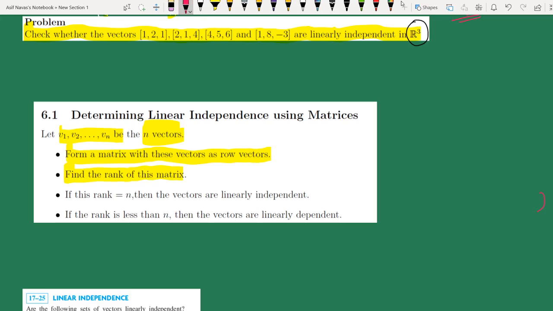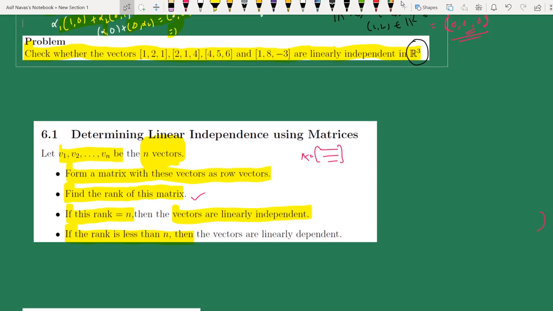Third, if rank equals n, the number of vectors, then the vectors are linearly independent. If rank is less than the number of vectors, then the vectors are linearly dependent.